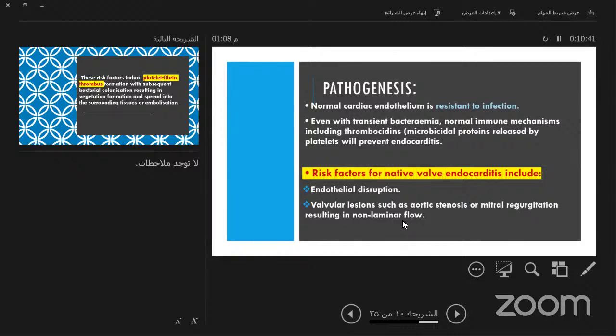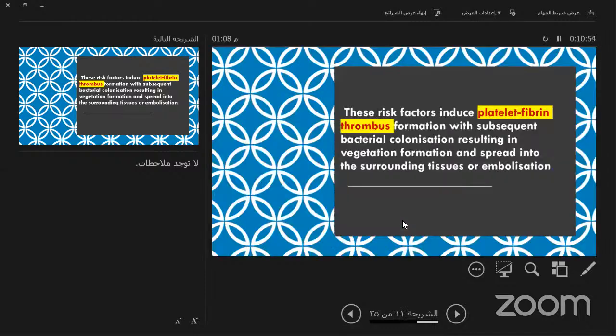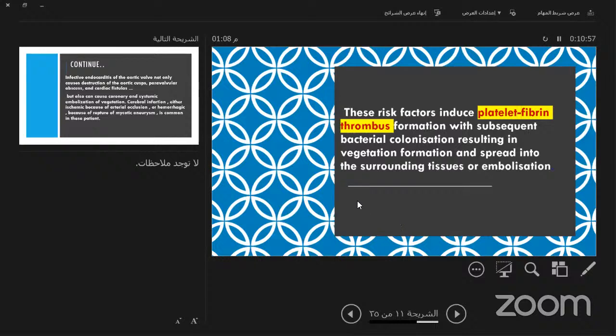Risk factors for native valve endocarditis include endothelial disruption and valvular lesions such as aortic stenosis or mitral regurgitation resulting in non-laminar flow. These risk factors induce platelet-fibrin thrombus formation with subsequent bacterial colonization, resulting in vegetation formation and spread into the surrounding tissues or embolization.